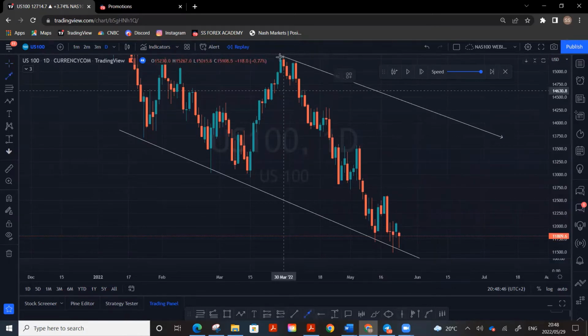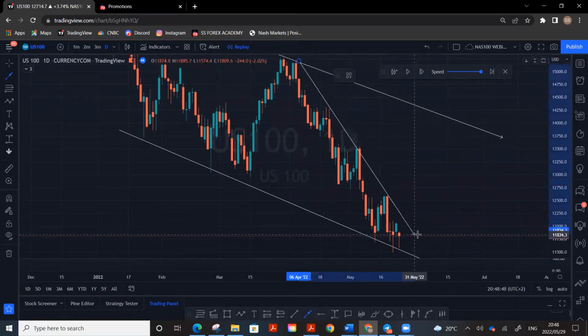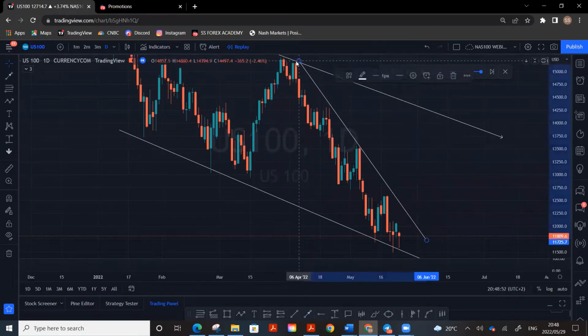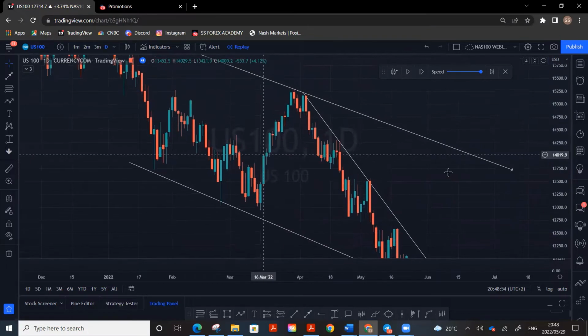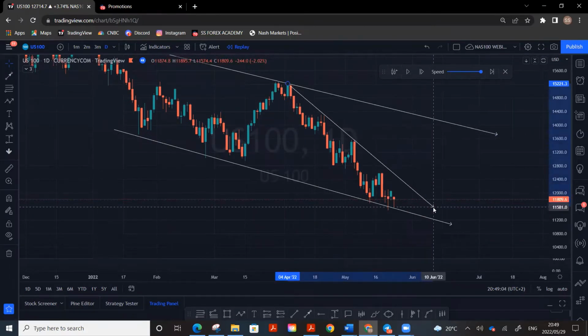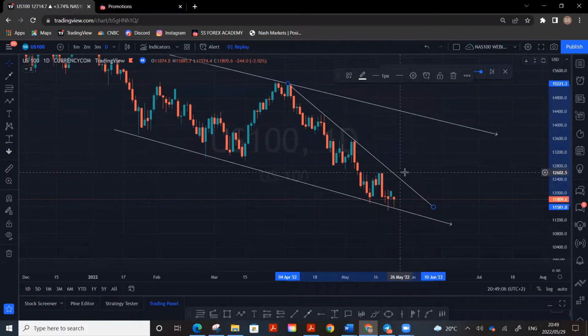So you're going to pull your trend line, got the first touch, second touch, third touch there, and we're anticipating price to break out in that area and rally towards the top of the channel.